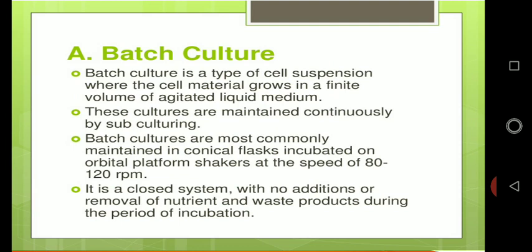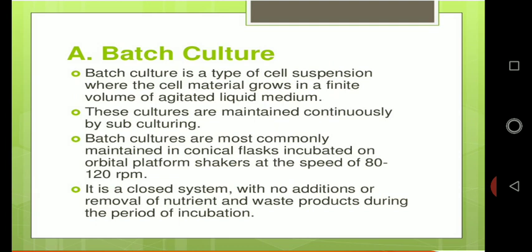So if that flask is kept steadily, it is called a batch culture. We are neither removing any nutrient media nor adding anything to it, just whatever we add at the start of the culture. So that particular flask is called a closed system and it is known as batch culture.